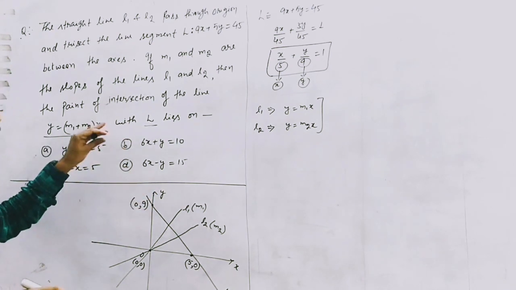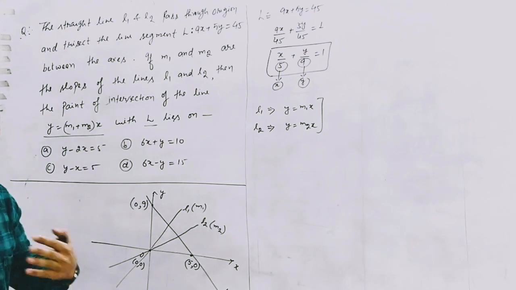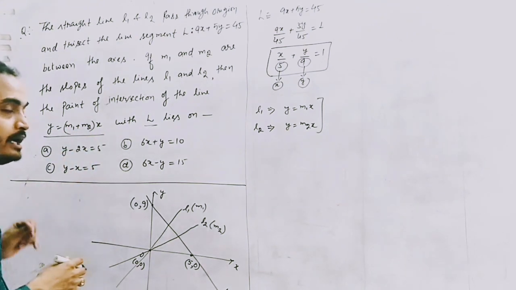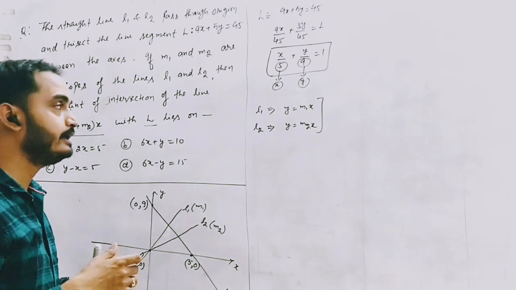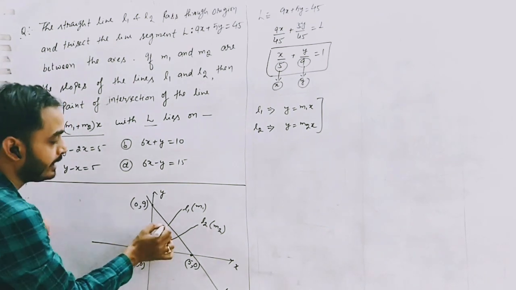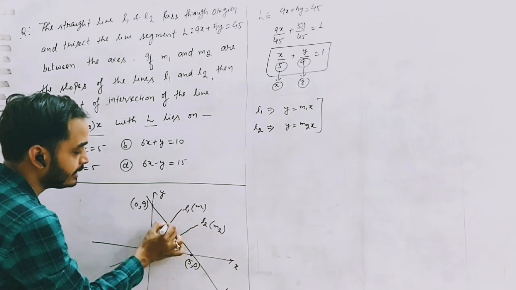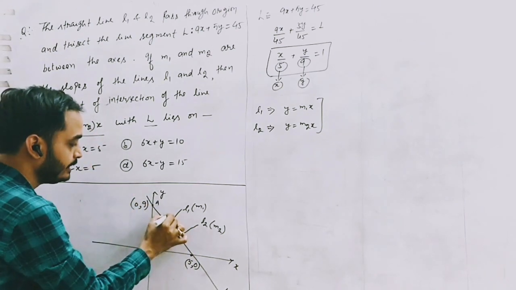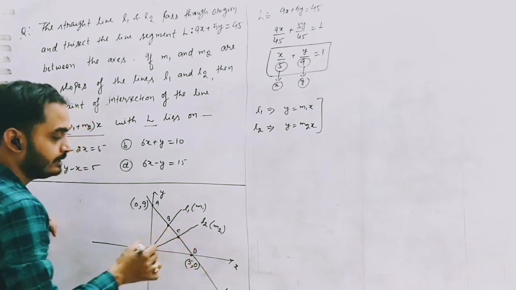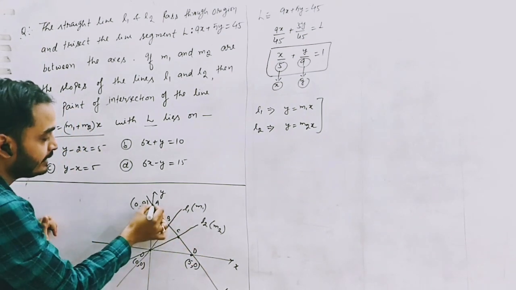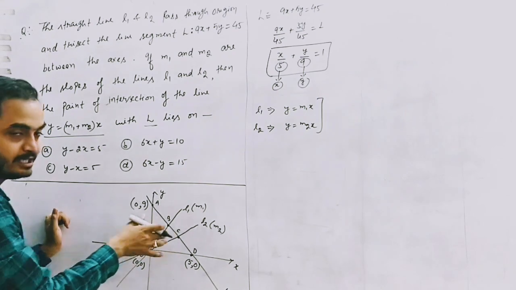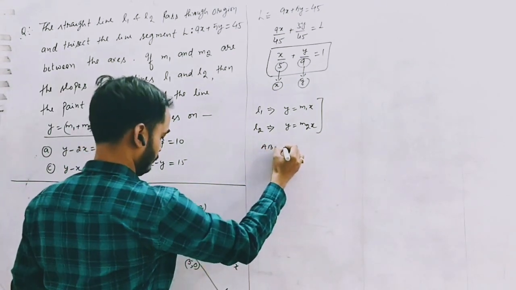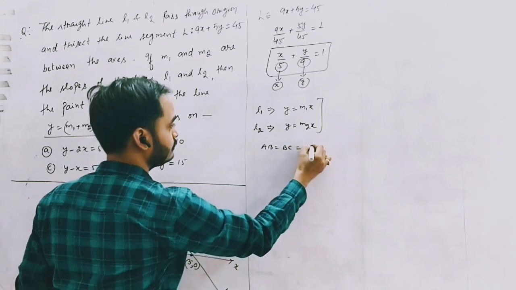So to find the intersection point, first we have to find the values of m1 and m2. And the values of m1 and m2 can be found from the given fact that L1 and L2 are trisecting the intercept. So if we take these points A, B, C, D, then the fact that the intercept is being trisected means AB is equal to BC, which must be equal to CD.